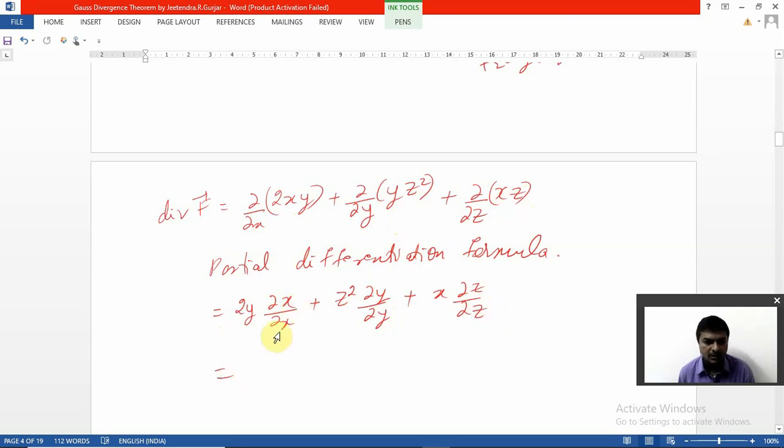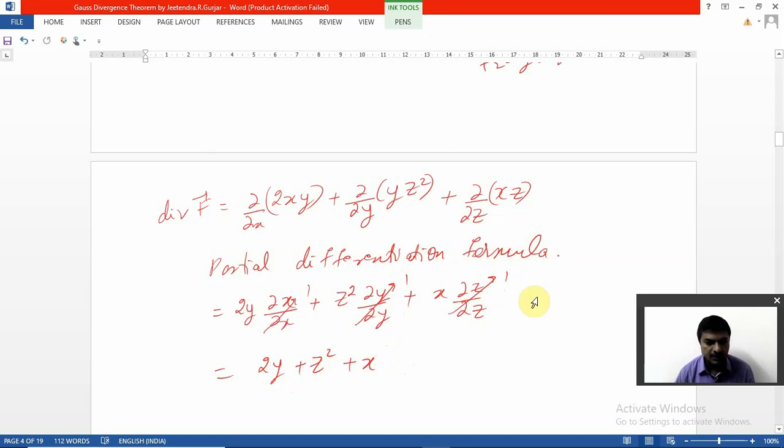So now you can see this is 1, this is 1, and this is 1. Therefore I get the value 2y plus z² plus x. This you can do directly, students, if you study partial differentiation.